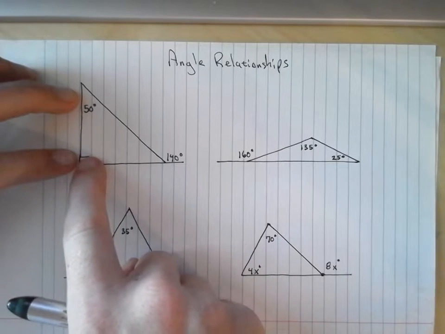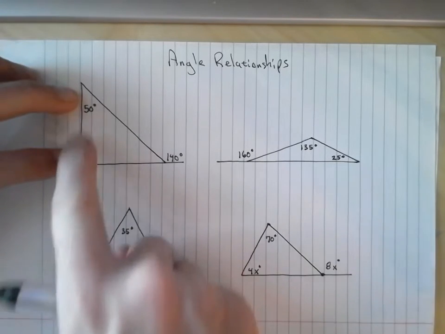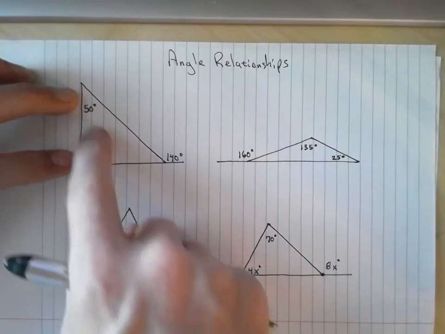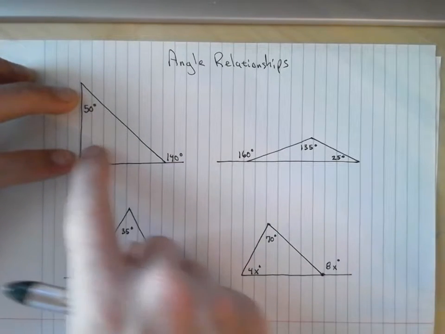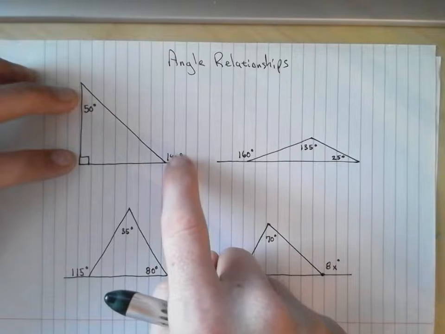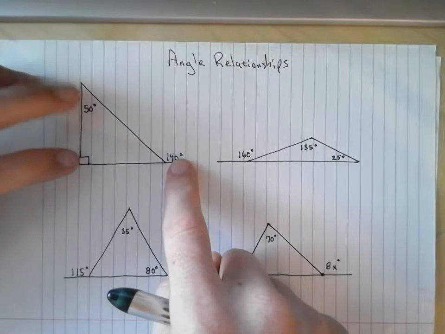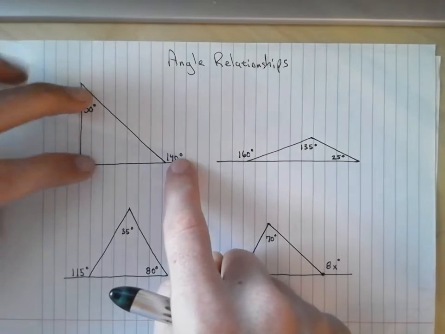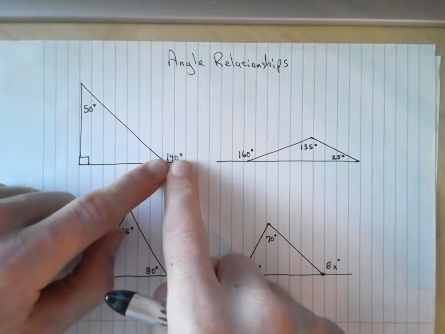These two angles are called interior angles, and this one is called an exterior angle because these two are on the inside of the triangle, and this one is on the outside, or the exterior, of the triangle. And we can call these two opposite interiors because they're opposite this exterior angle.